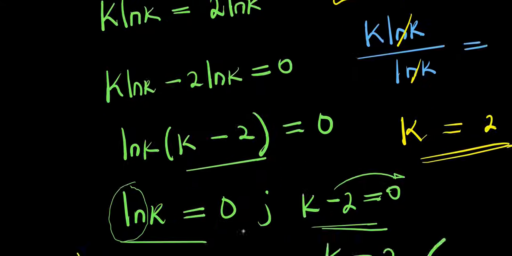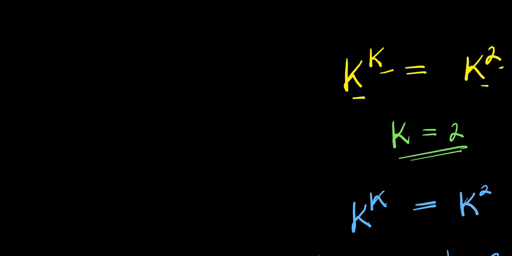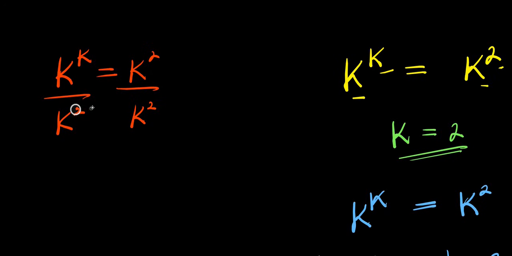We can even decide to solve this entire equation differently. We have k power k equals k power 2. I can decide to simply divide this by k power 2, and I also divide the other side by k power 2. So this cancels this.